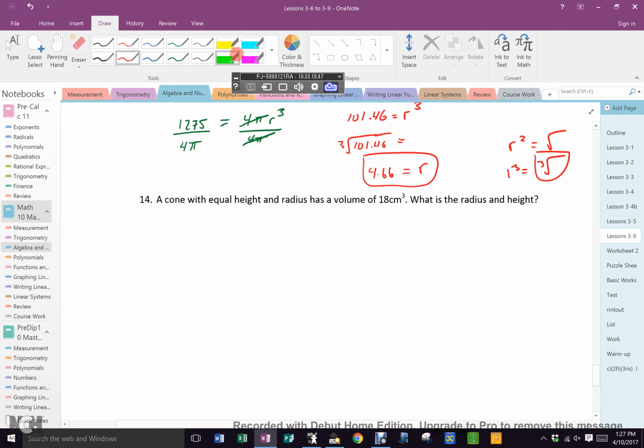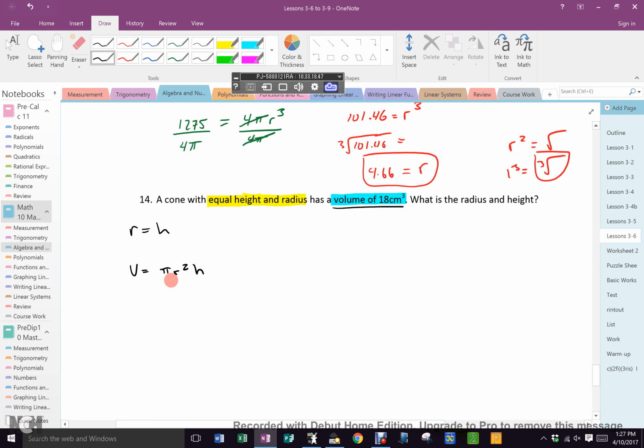A cone with equal height and radius. So what does that mean? r equals h. Yes? And it's got a volume of 18. Now, I know many of you aren't going to remember the volume formula, but that's okay because you're going to get your data booklet. The volume of a cone equals pi r squared, right?